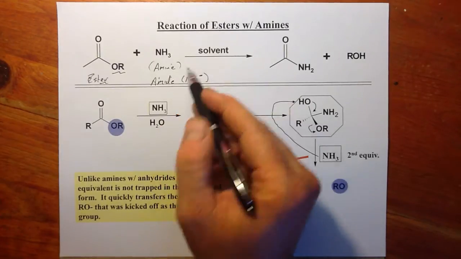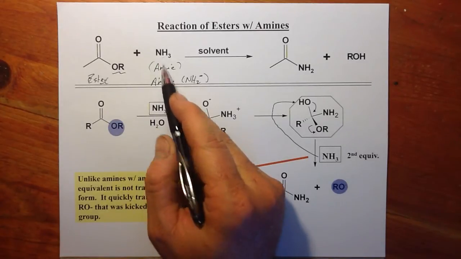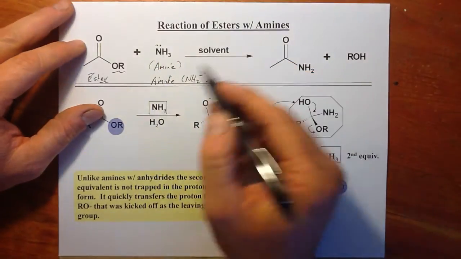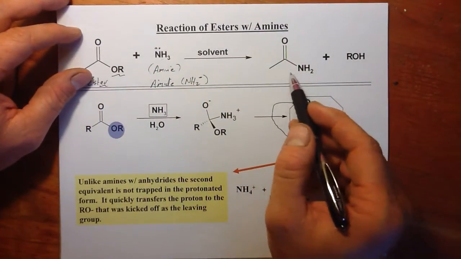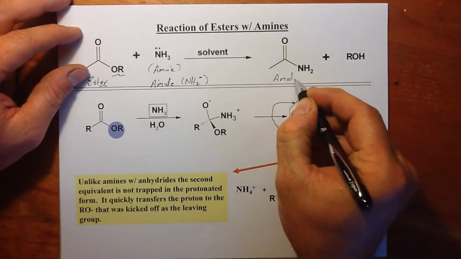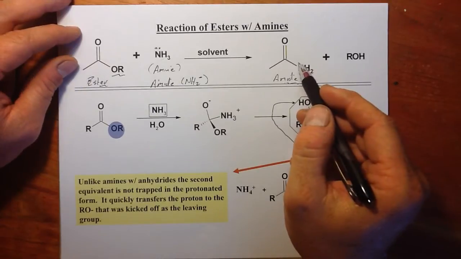This could also be used, but we don't need to use the more reactive negative form of the amine. We can use just the amine and have a slow reaction in solvent to form, I guess, the amide in terms of the class 1 carbonyl.